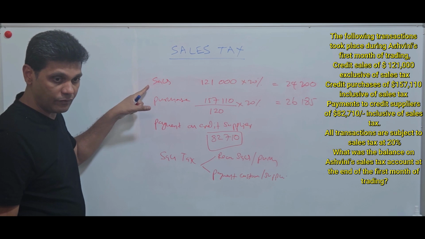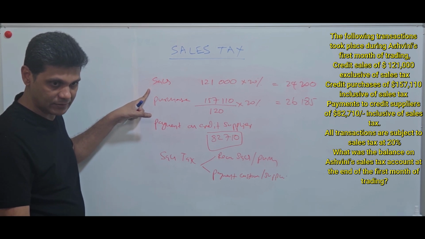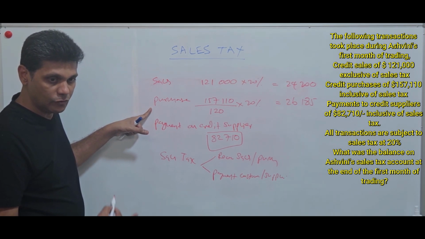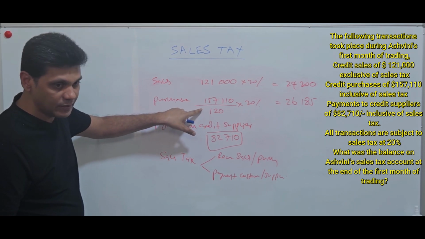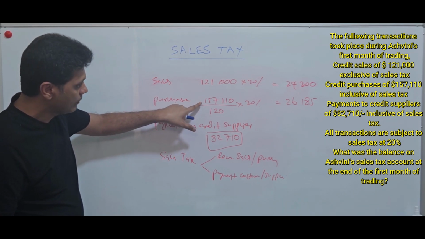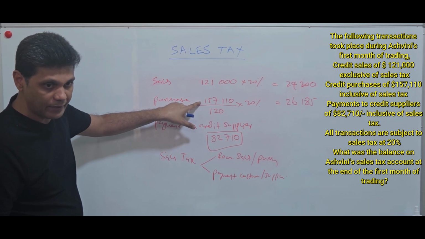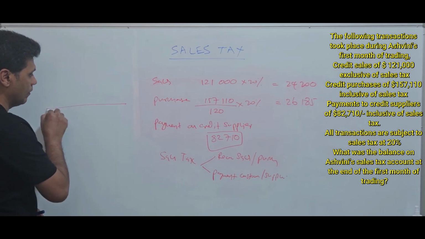Yes, at the time of recording sales, you need to record the sales tax. At the time of recording your purchases, you will also be recording your sales tax. So whatever the purchases, look here, this 157,000 is your total payable, right? How would you record this? Suppliers, purchases.